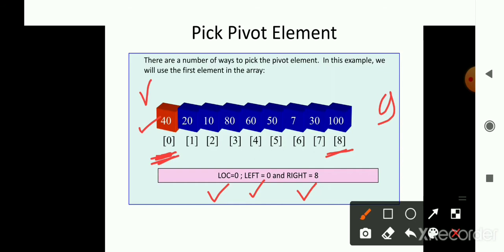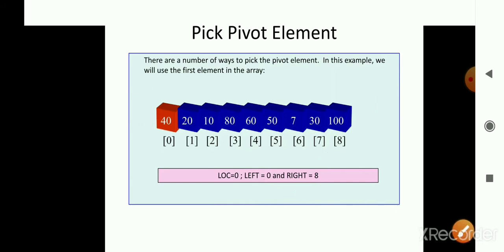So left is initially 0 and right is the rightmost element, that is 8. So here we have three different variables: location, left and right. Most of the time the variables are called beginning and end.